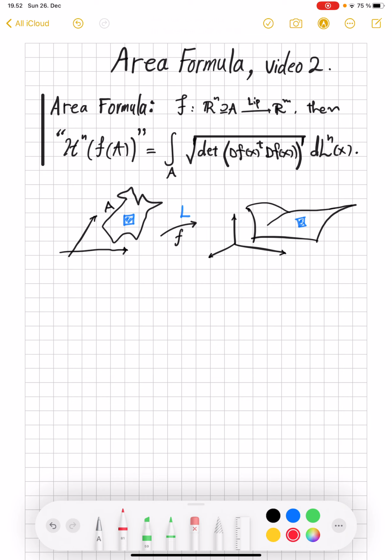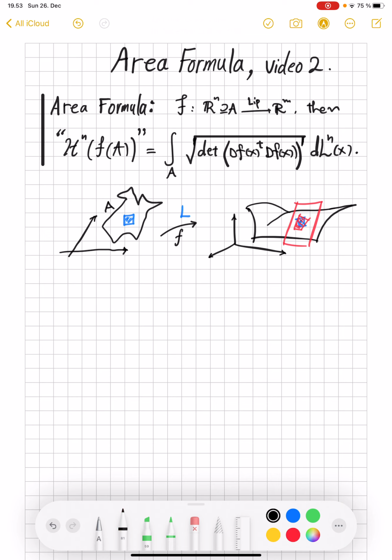And the linear map takes the set into an affine space, a hyperplane, and the image of the box is, well, a bit more predictable than the image under just a Lipschitz map.